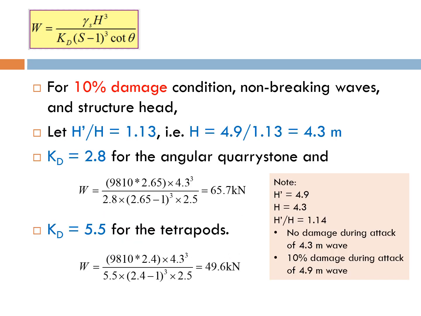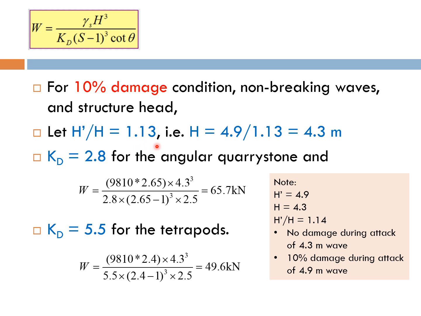Next, we consider the case where 10% damage is allowed. From the table, we obtain that the H prime over H ratio is given as 1.13.